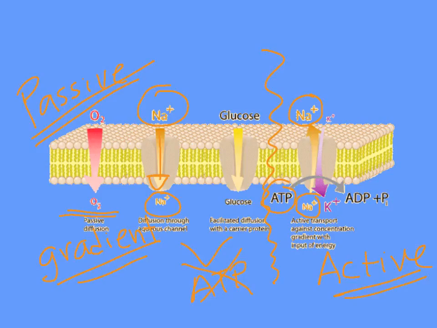Substances will be moved according to the cell's needs. So remember, if the substance is moved from where we have less to where we have more, like in this case, this is known as active. If the transport follows a gradient, it is known as passive transport.